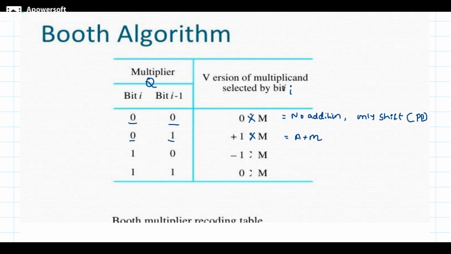Similarly, if bit i is equal to 1 and bit i minus 1 is 0, then we perform minus 1 into M, that means add the 2's complement of M to the partial product. And the last case is both bit i equal to 1 and bit i minus 1 also 1, so there is no addition, just shift right by one position.